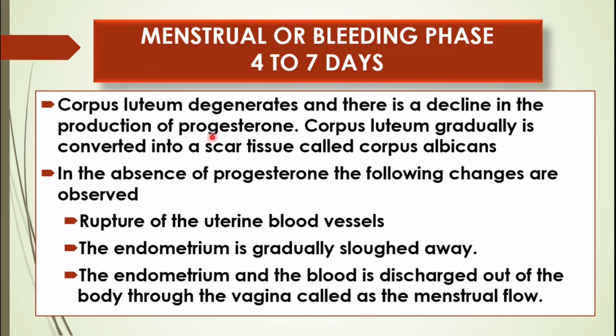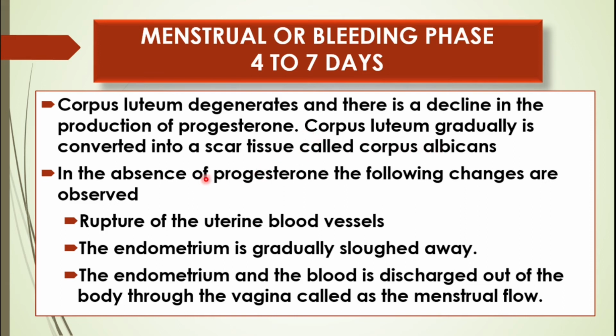And when progesterone starts declining, there are certain changes observed in the uterus. Now, the corpus luteum gradually degenerates and is converted into a scar tissue called the corpus albicans.